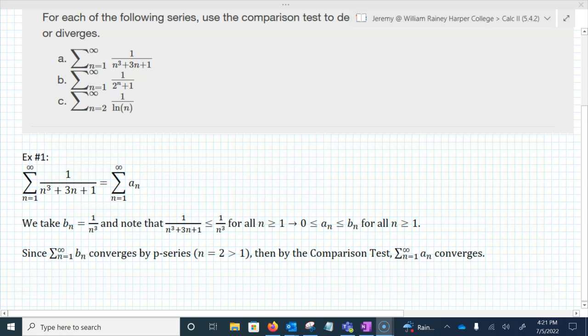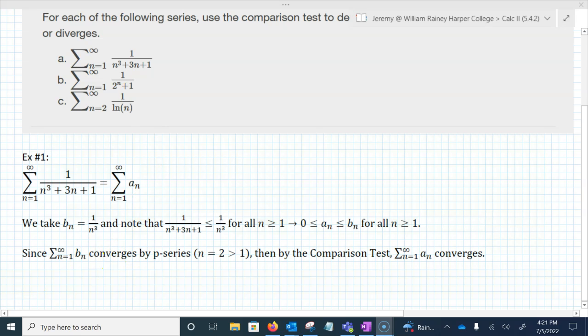So I'm going to take my b sub n's to just be 1 over 2 to the n, and I know that series will converge by the geometric series for absolute value of r less than 1, and therefore by the comparison test, my a sub n's, which are 1 over 2 to the n plus 1, will also converge.